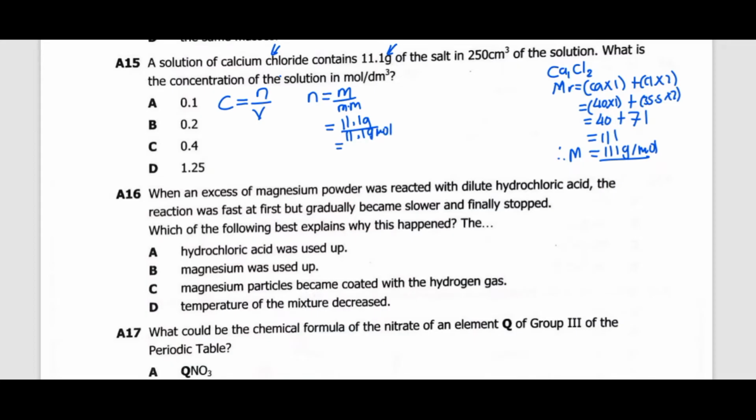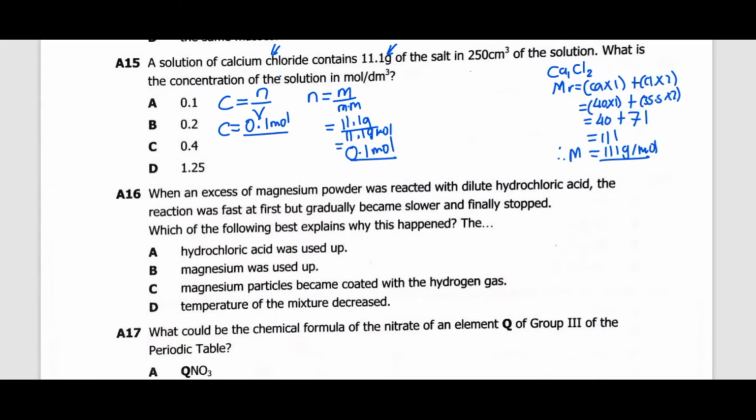So we can now divide by 111 grams per mole. Let's do the computing. 11.1 divided by 111 gives me 0.1 mole. So this is now the number of moles, 0.1 mole over the volume.